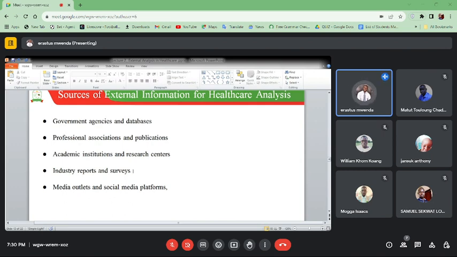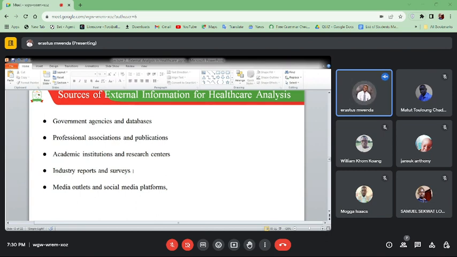Maybe a certain research around healthcare matters has been done, and we feel that the findings would assist us as a healthcare organization. Then we could seek to understand these findings and see how we can incorporate them into making our healthcare organization a better place. And then also we could have information from industry reports and surveys.